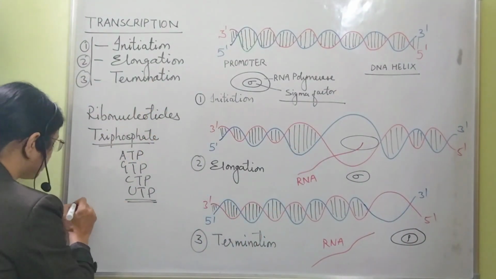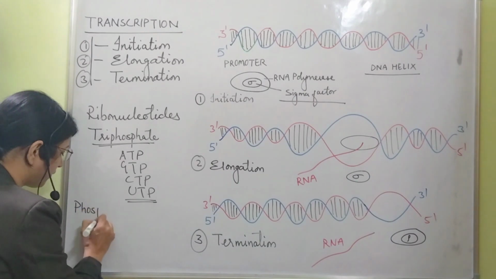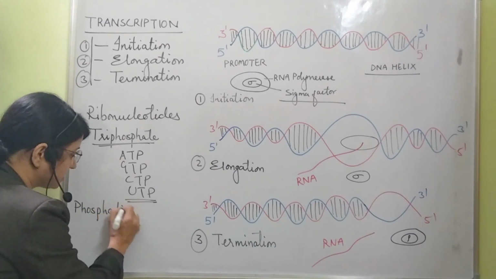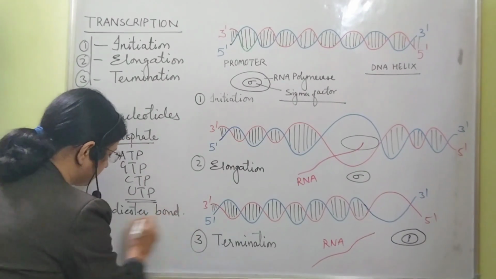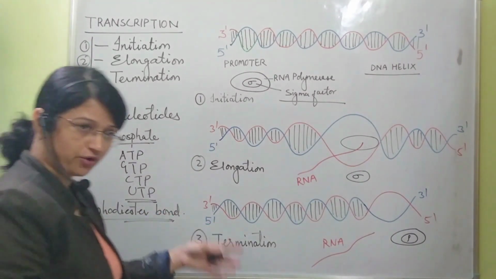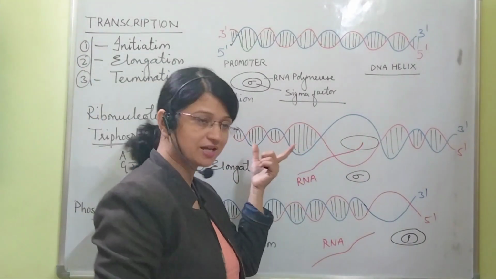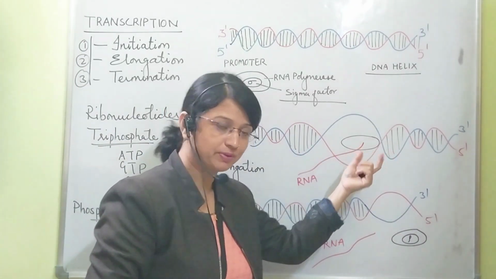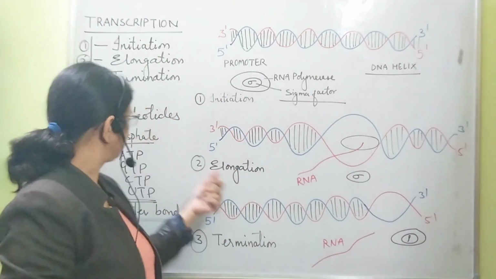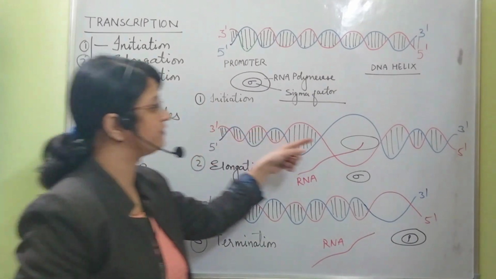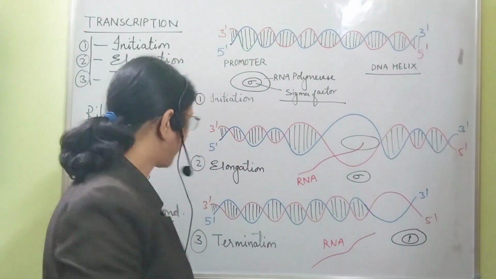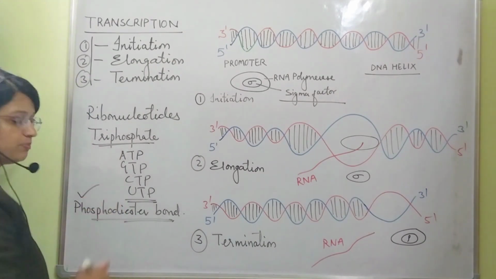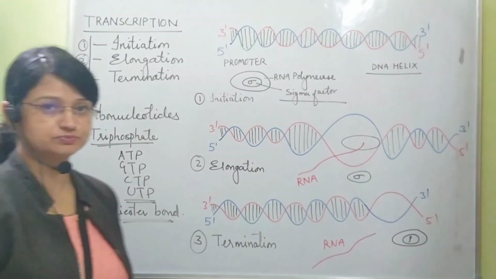It will form the phosphodiester bond between them. So during elongation, RNA polymerase moves along the template, the ribonucleotides come and lie opposite to the template strand, and a phosphodiester bond is formed between them.